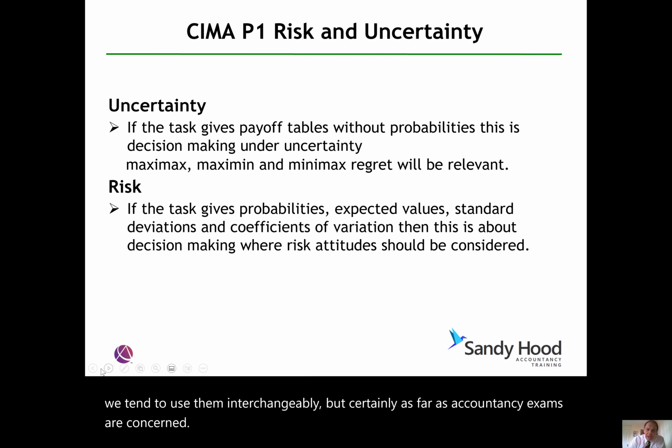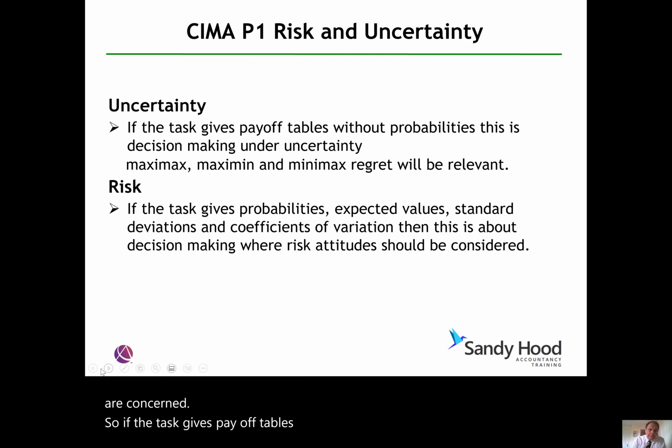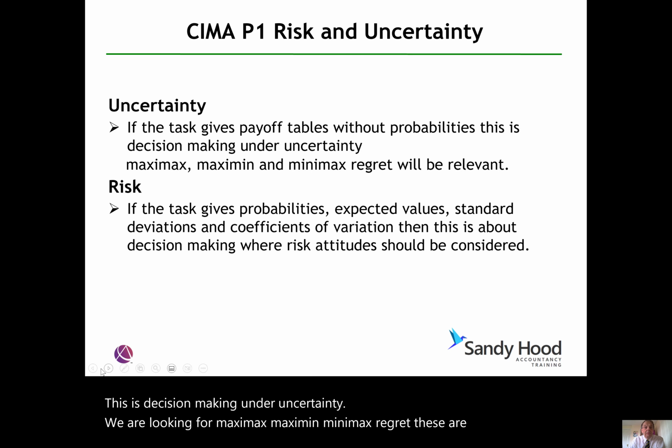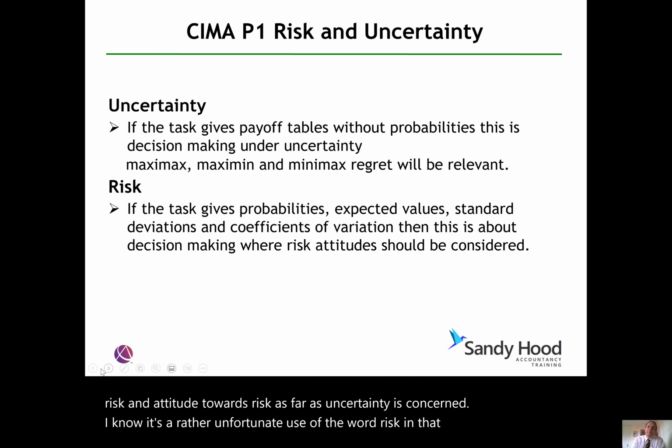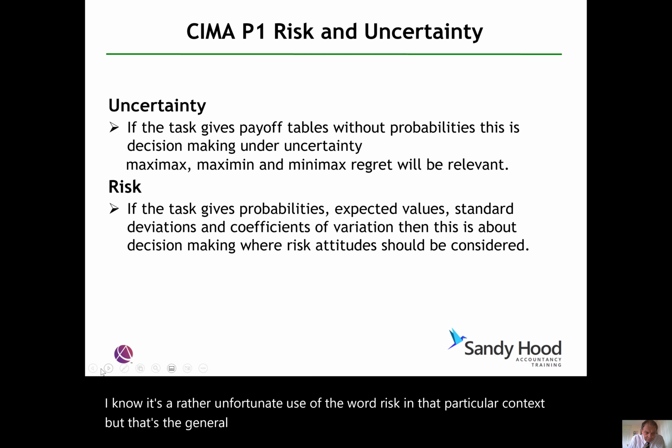So if the task gives payoff tables without probabilities, this is decision making under uncertainty. We are looking for maxi-max, maxi-min, mini-max regret. These are measures of risk and attitude towards risk as far as uncertainty is concerned. I know it's a rather unfortunate use of the word risk in that particular context, but that's the general approach.